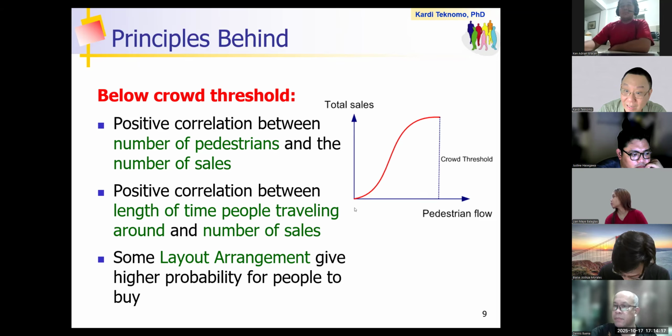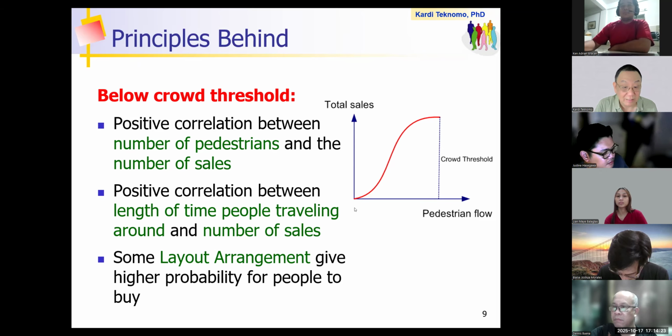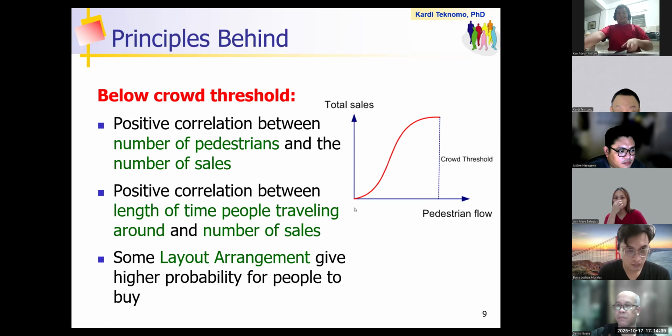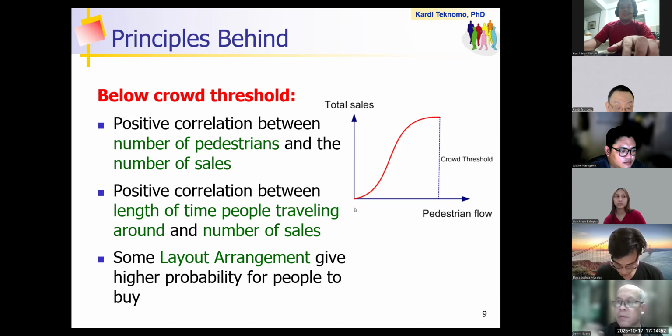The longer people travel around the mall, the higher the probability that they will eventually buy. The arrangement of goods in the retail layout has been known to give people a chance to look and eventually buy.